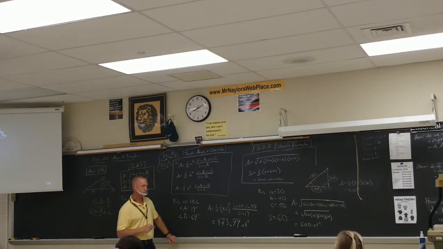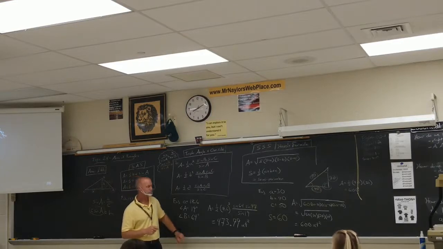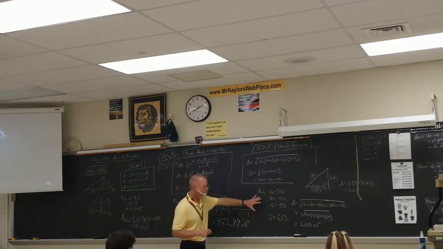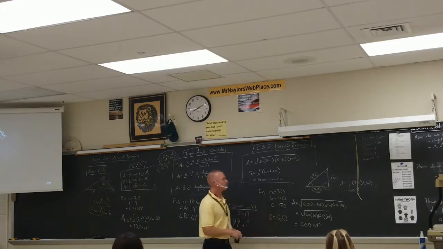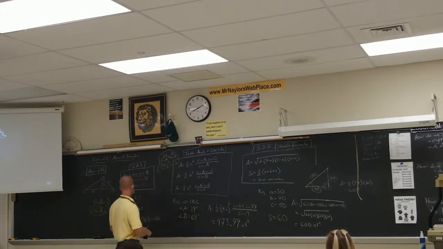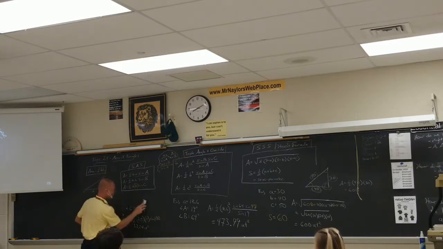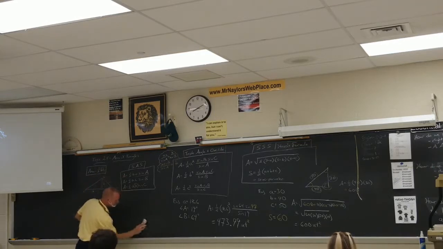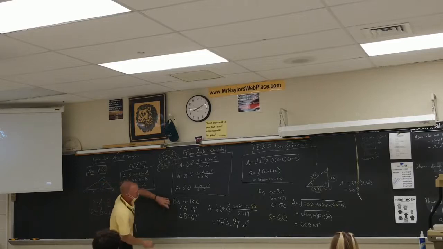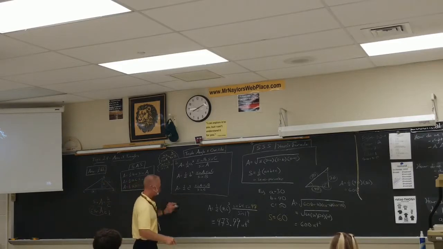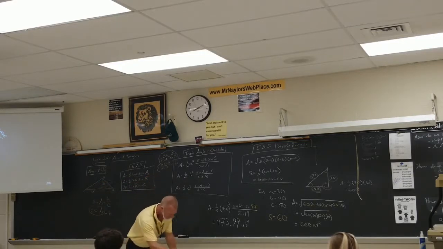Now you might say, why would I do that if I already have 3 sides? Well, you might do it if you have this scenario. Good, we have some time here.